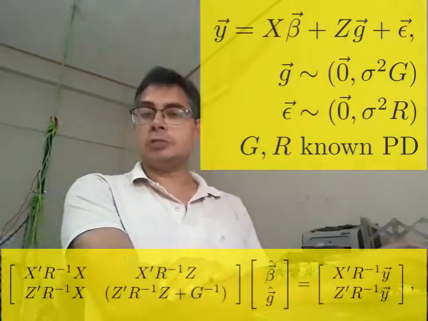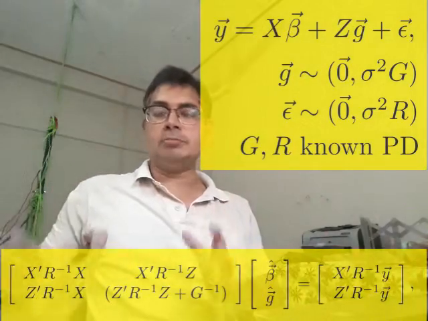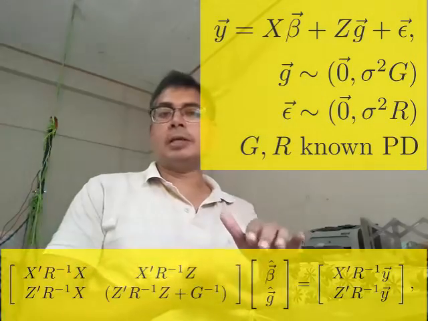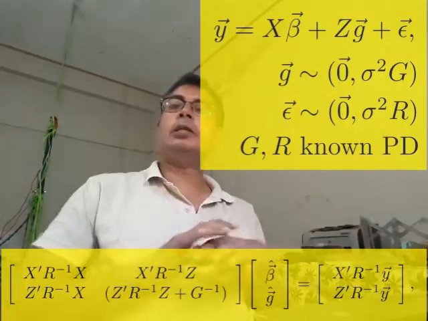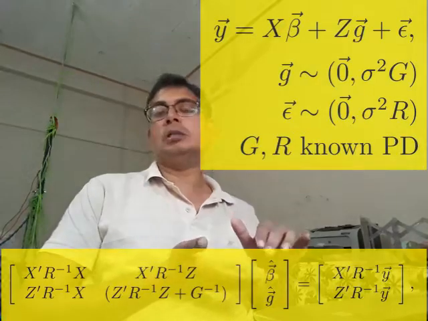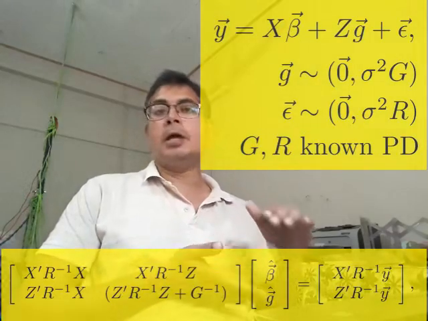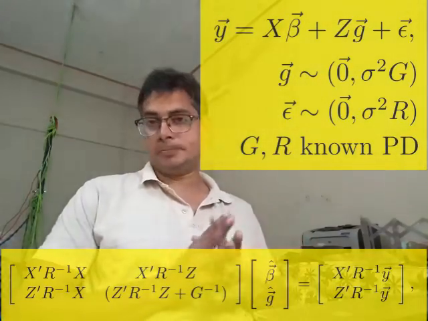These Henderson's equations take the following form, a pretty huge system that you solve for beta hat and G hat. And here is the right hand side. When you solve the entire thing, you will get beta hat, which will be the BLUE of beta, and when you solve for this G, that will be the BLUP.